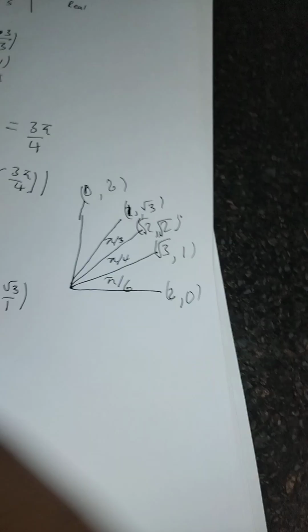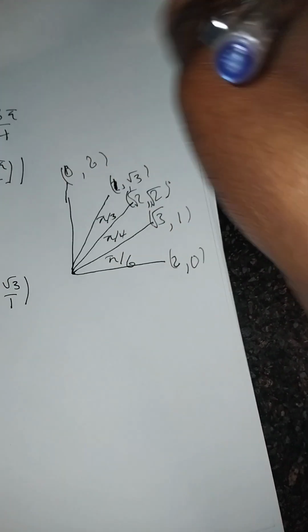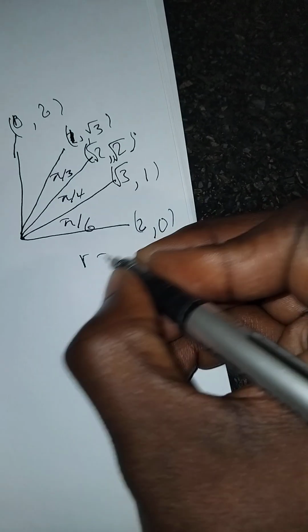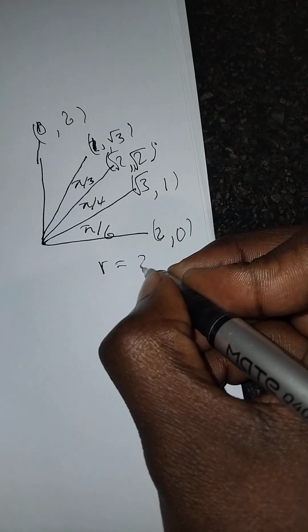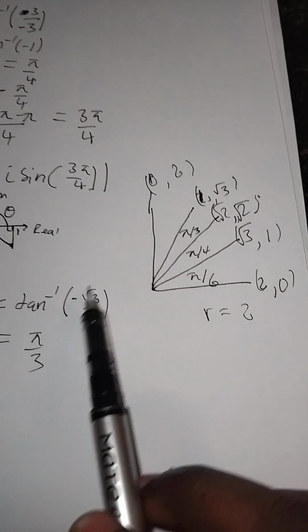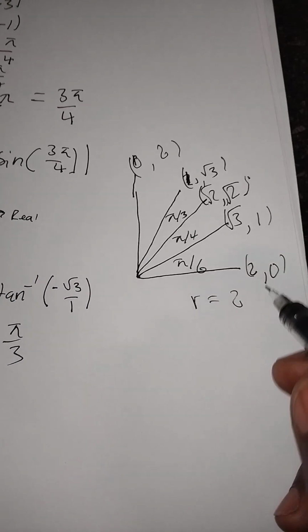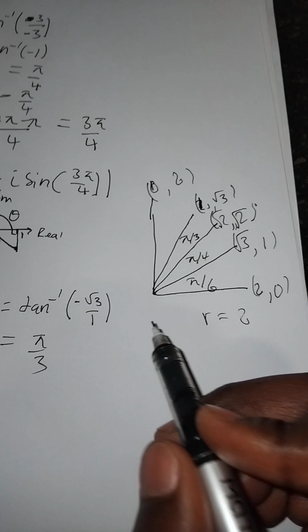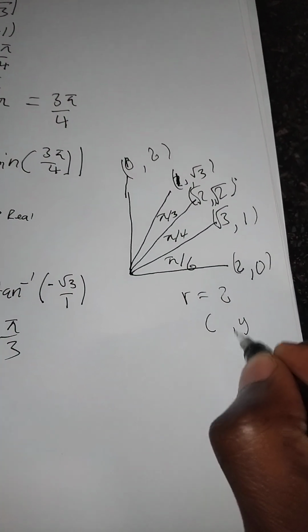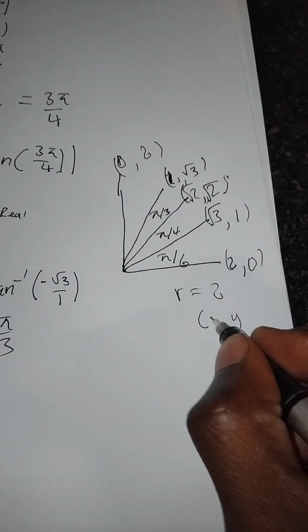How you are going to use this to find your angles is that you have to know that your hypotenuse r is always going to be 2. Now the numbers we have here are root 3 and 1. Remember it's arctan of b over a, where b is our y and a is x.